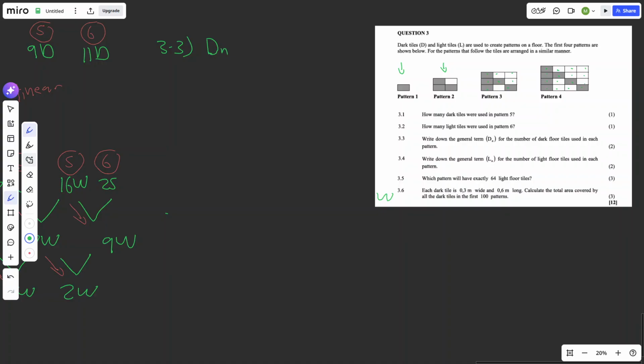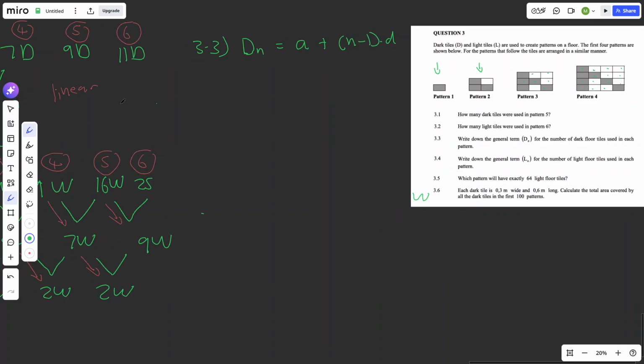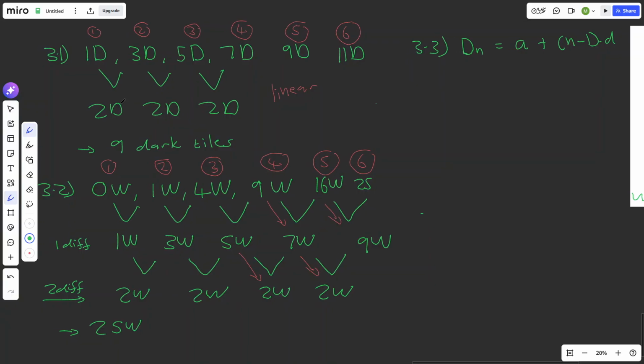So the general formula you use to derive it is as follows. It's going to be A, which is your first term, plus n minus 1 multiplied by the difference. So if we go back here, just to look at what our values are, our first term in our sequence here is 1D. So we can substitute that.